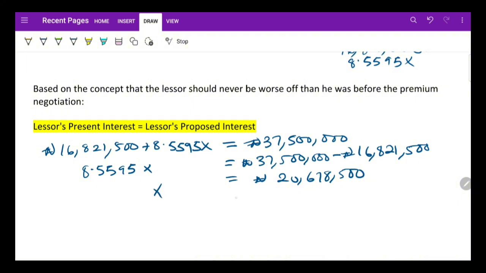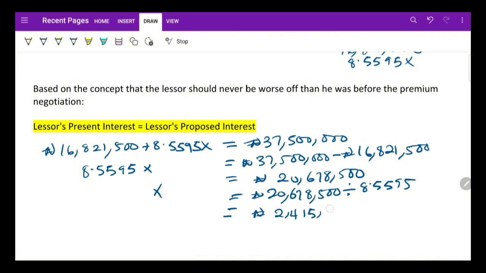And then our x is 20,678,500 divided by 8.5595, because we are now bringing this to this side, it becomes divided by. And then that gives us 2,415,854 per annum.